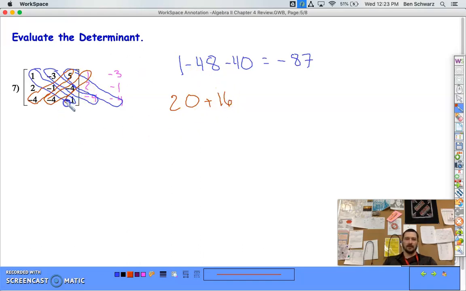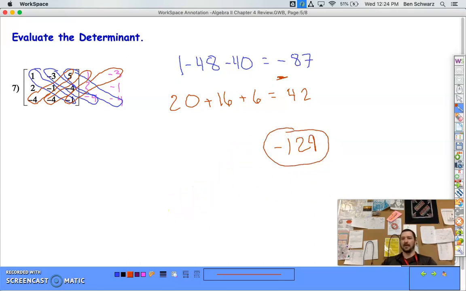And then -1 times 2 times -3, so that's going to be 6. So that adds up to 42, it looks like. Yeah. And then we subtract these. So -87 minus 42 is -129. That's your determinant there. So that's the determinant of a 3 by 3.